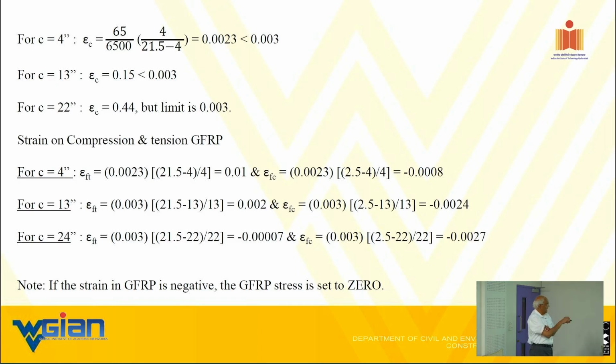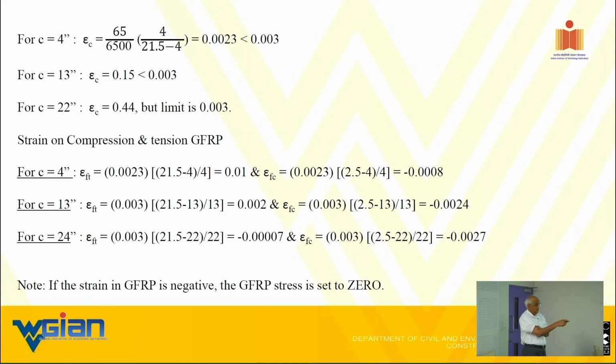Correspondingly, I'll go through this tomorrow again, but the message is: what is the capacity of the column with reference to bending moment when I have a C factor of 4?